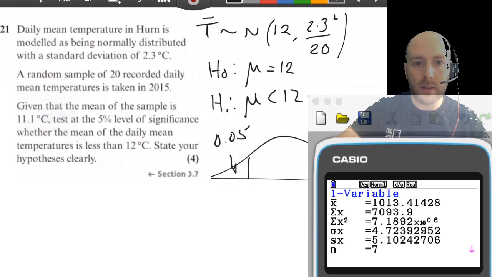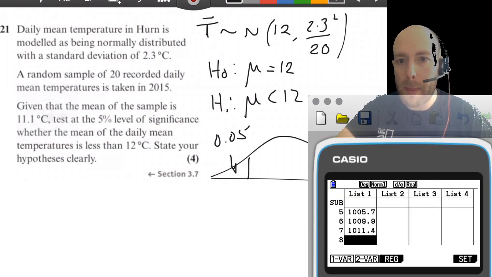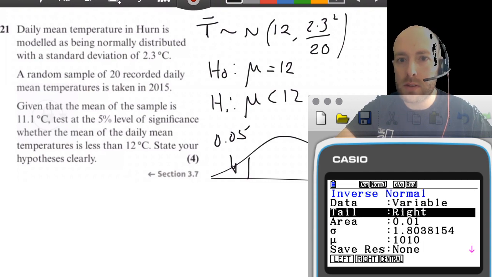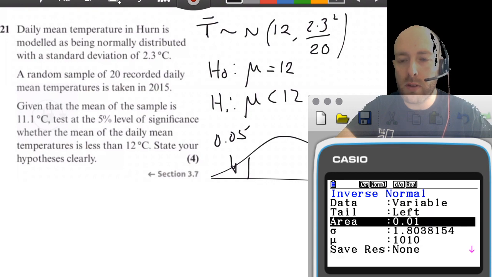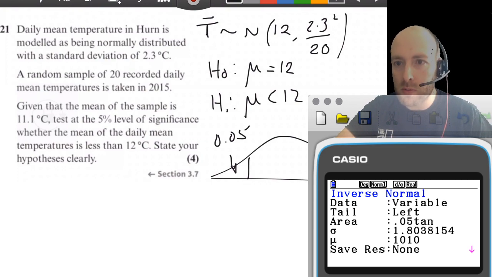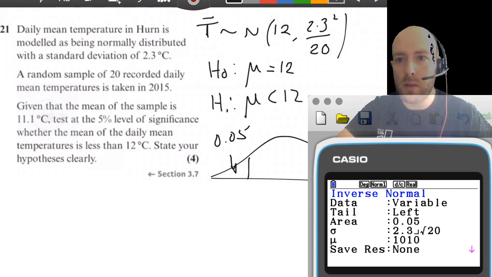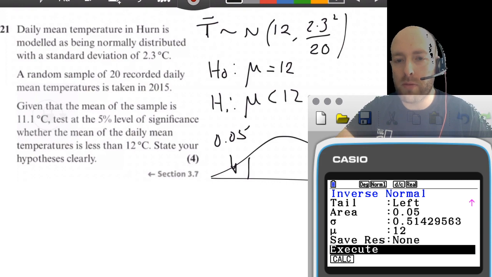So bring back the calculator, go to distribution, norm, inverse, tail to the left, area 0.05, sigma is 2.3 over root 20, and mu is 12. Cool. So Sam reckons 11.15, and I agree.